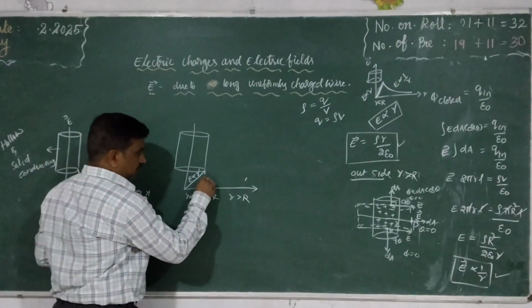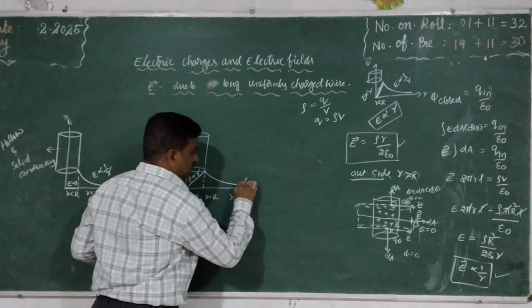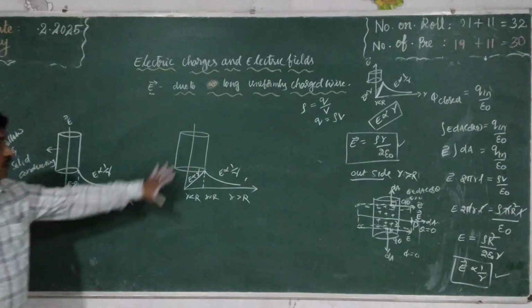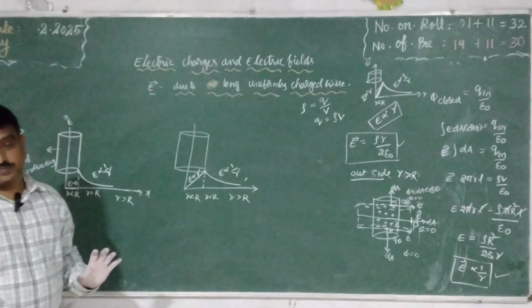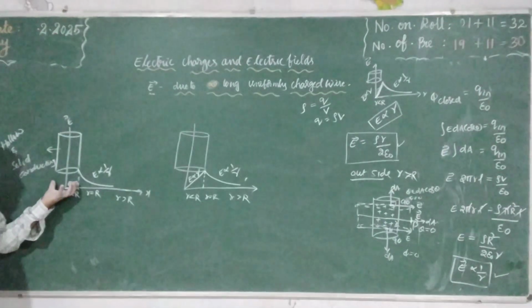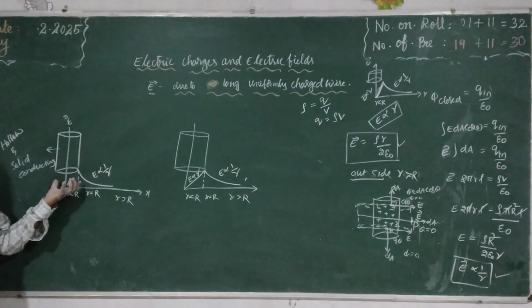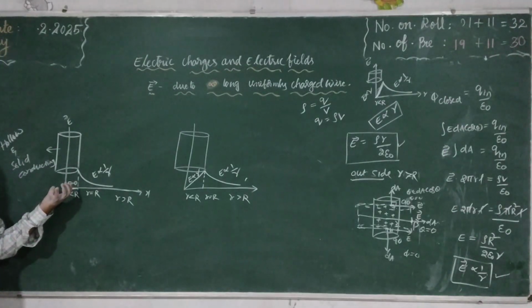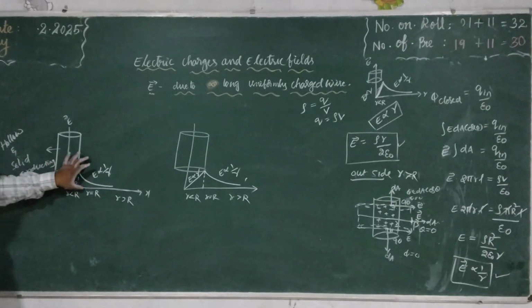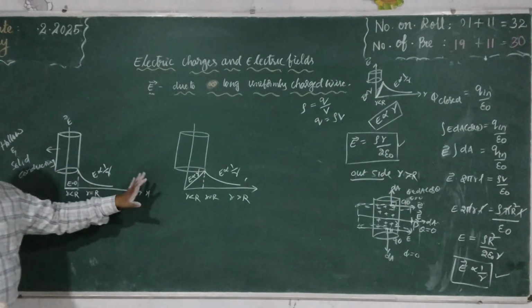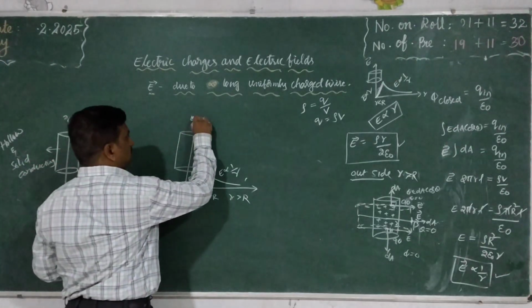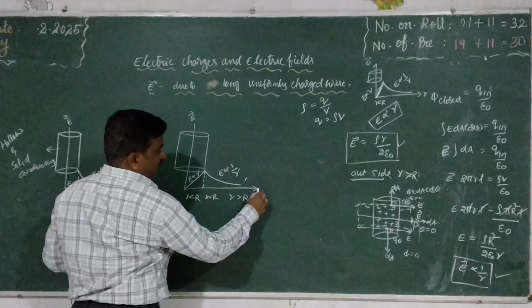After the surface, the electric field decreases, E proportional to 1 by R. This is for the non-conducting solid cylinder. Electric field inside increases, outside decreases. For a conducting hollow, solid conducting or non-conducting hollow cylinder, the electric field inside is 0, and outside the electric field decreases from the surface. These are the graphs between E versus R distance from the center.